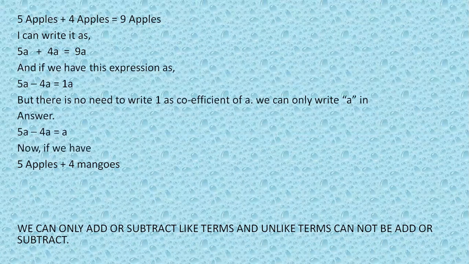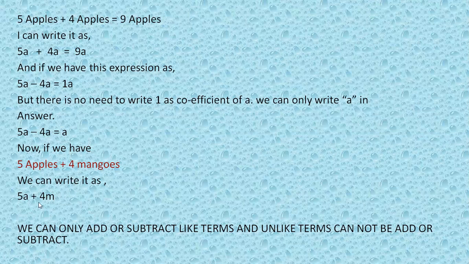Now, if we have 5 apples and 4 mangoes and we have to add them, firstly we can write it as 5a plus 4m, like we have done before, that we took a from apples, m from mangoes.